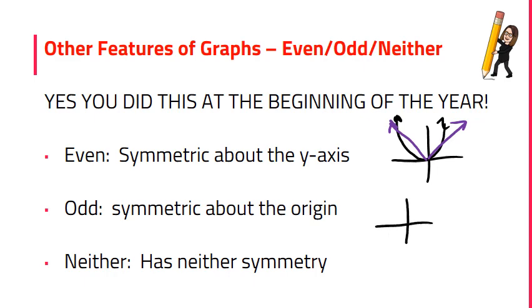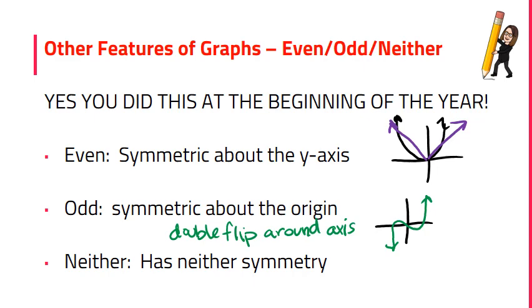Those graphs look more like cubic functions, meaning it's a perfect 180-degree rotation around the origin. That's where that idea of the double flip came into play. It's a double flip around the x and the y-axis, then it is odd.